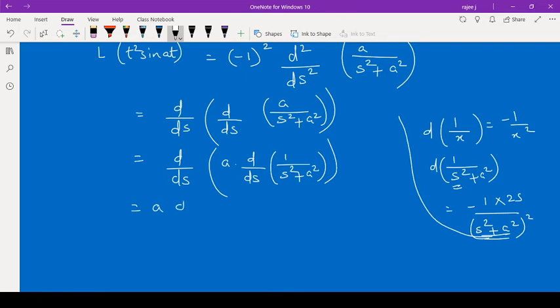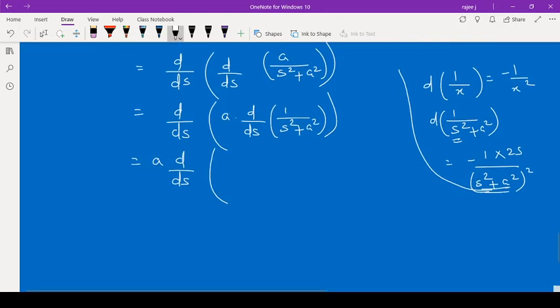So it is a into d by ds of, now if you use u by v formula here, then denominator, this is s square plus a square, denominator into derivative of numerator. Derivative of numerator means derivative of 1 is 0, minus numerator 1 into derivative of this denominator, it is 2s, and derivative of a is 0, upon denominator square, s square plus a square the whole square.